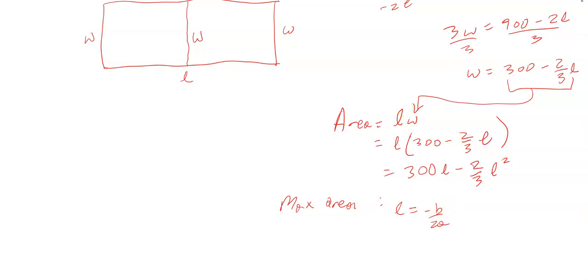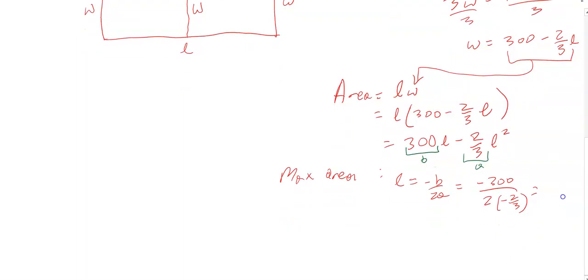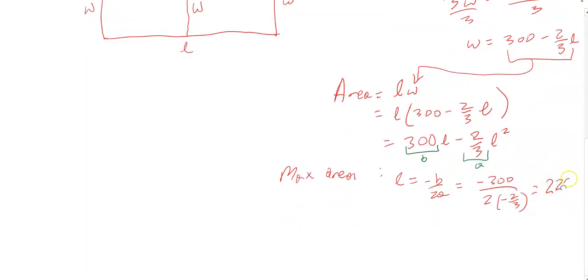Right, we can look at this as your A in the quadratic, and this is your B. So if we plug those in, we have negative 300 over 2 times A, which is negative 2/3. And so if we work this out, you should get your L being 225 feet.